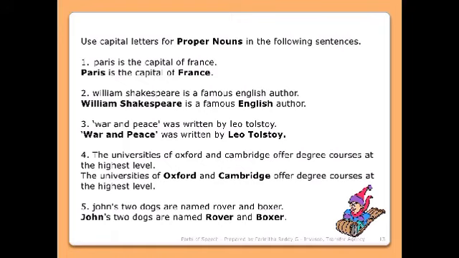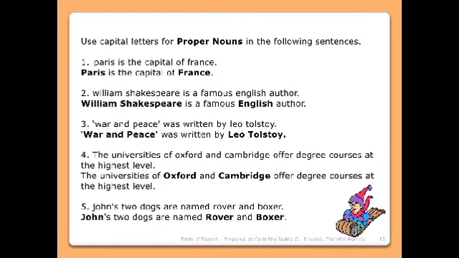Use the capital letters before the proper noun in the following sentences. Like 1, Paris, the capital of France. You can see in number 1, it's not written well, because proper nouns are always written with the first letter capital. Paris, P capital, France, F capital.